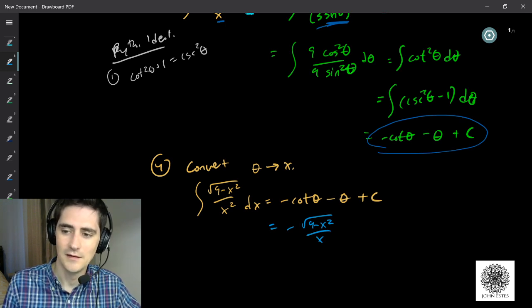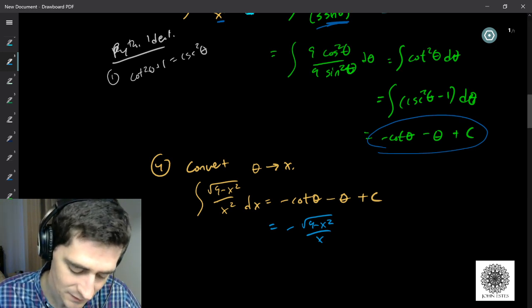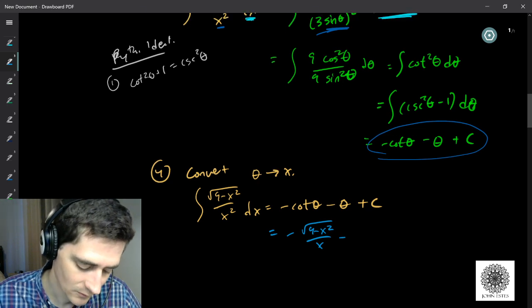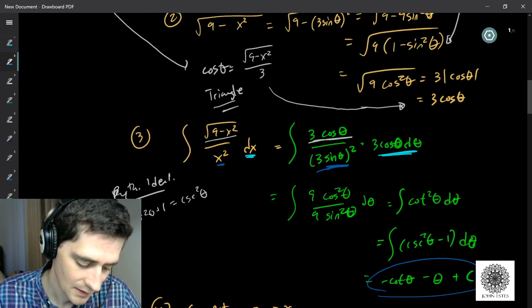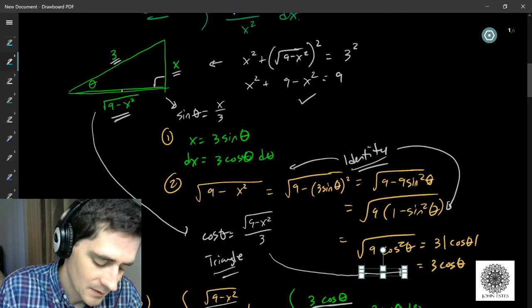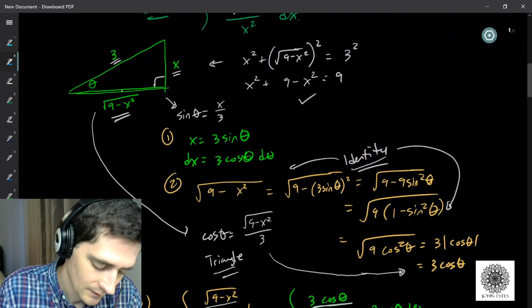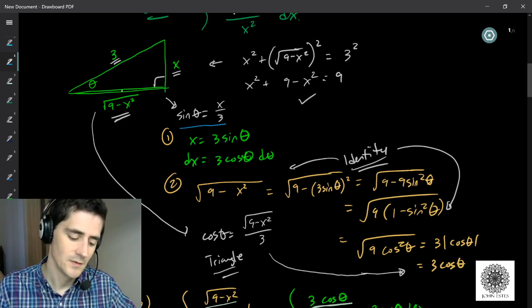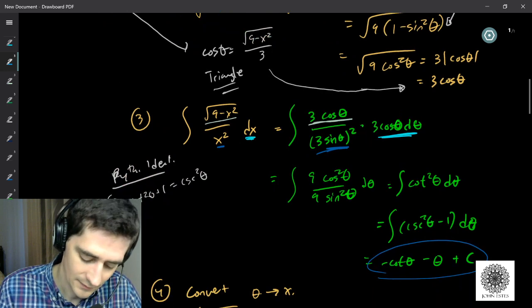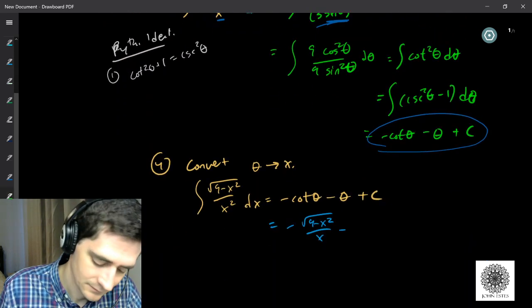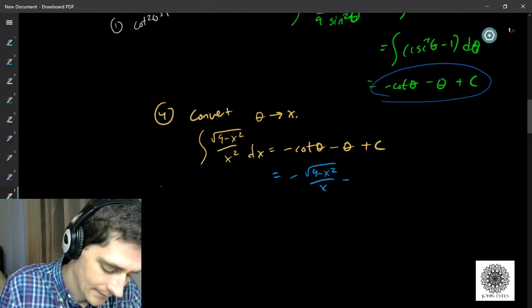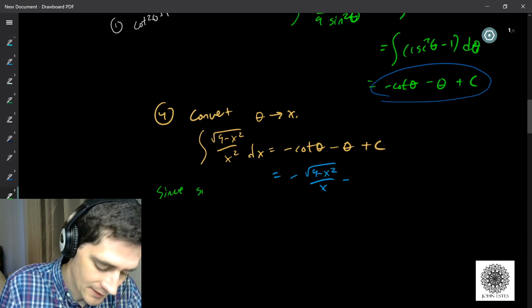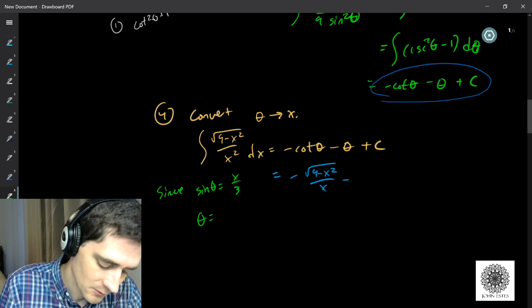All right, now what about just theta itself? Well, remember, theta came from up here. Sine theta is x over 3. So I'll write it here as a note: since sine theta equals x over 3, theta equals the inverse sine of x over 3.